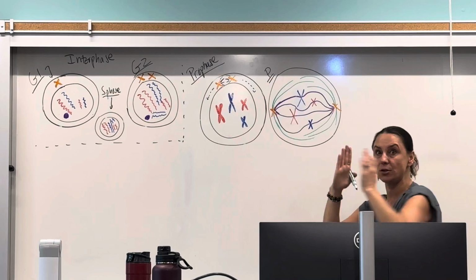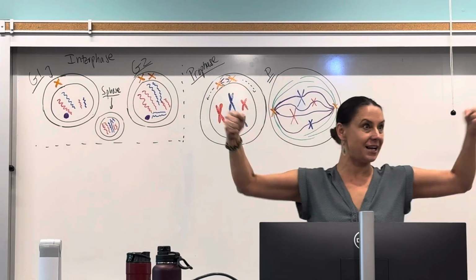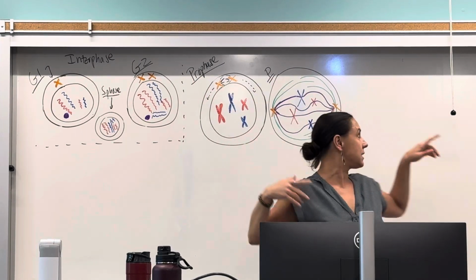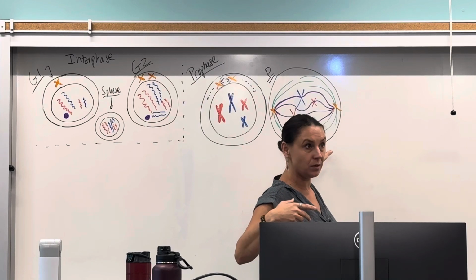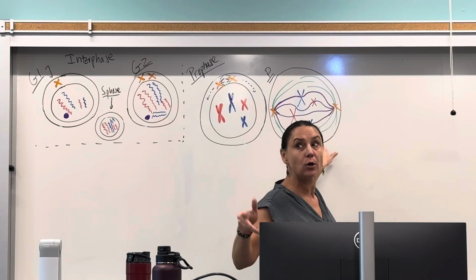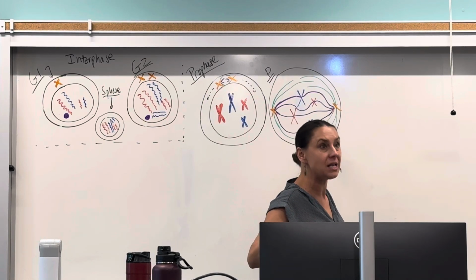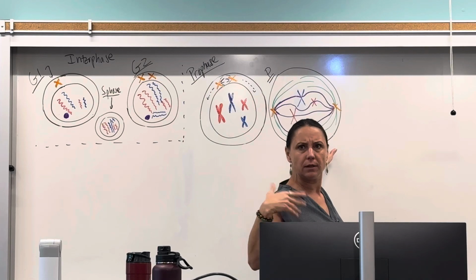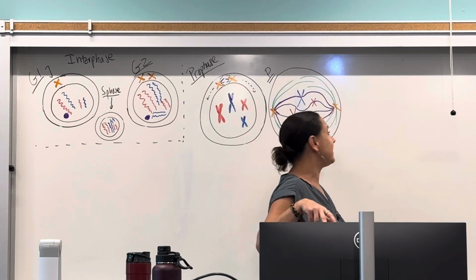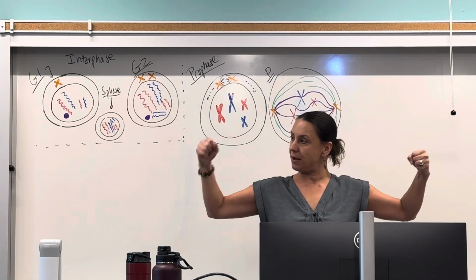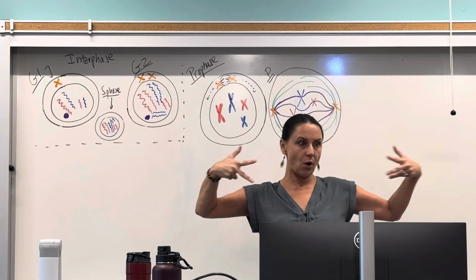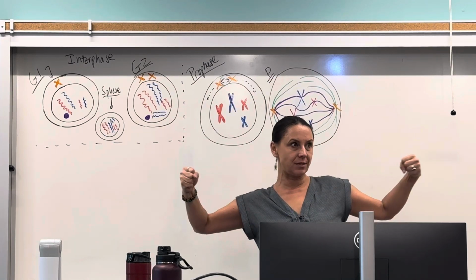What's going to happen to the centrioles? They're going to be called polar microtubules. Also, if you've learned this as non-kinetochore microtubules, I would also accept that. But as these polar microtubules grow and slide past one another, what's going to happen to the centrioles?